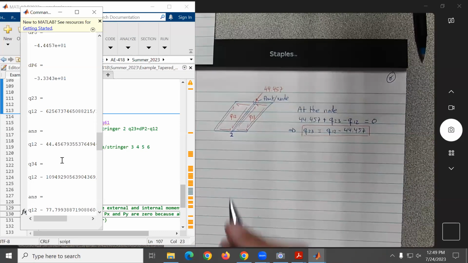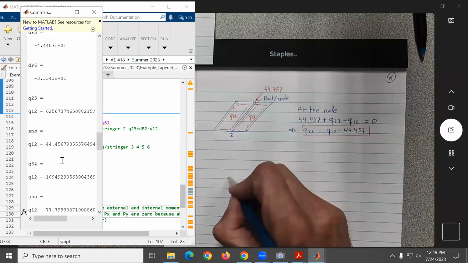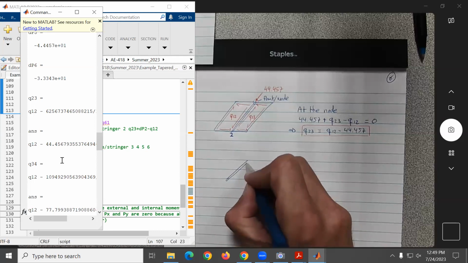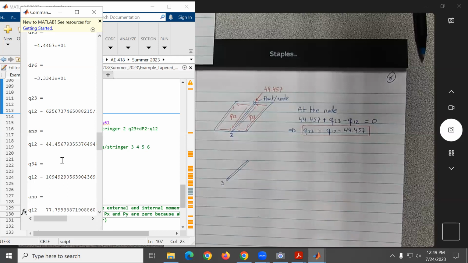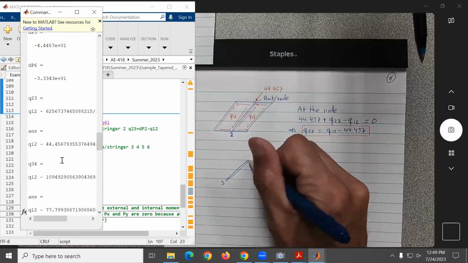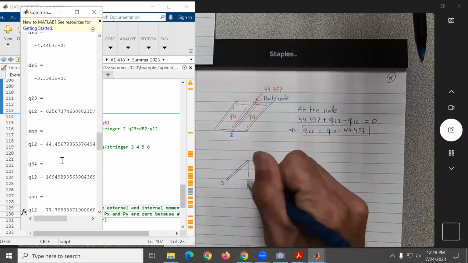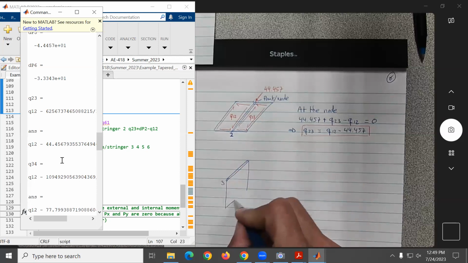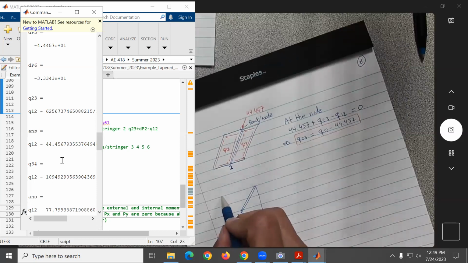Okay, now I'm going to do something similar with the 3. So this is 3. I'm going to have here the side panel. And this will be this panel over here, okay?